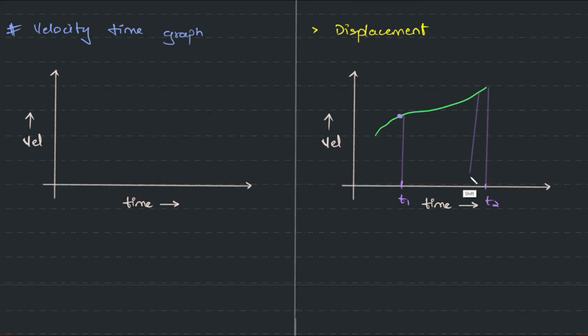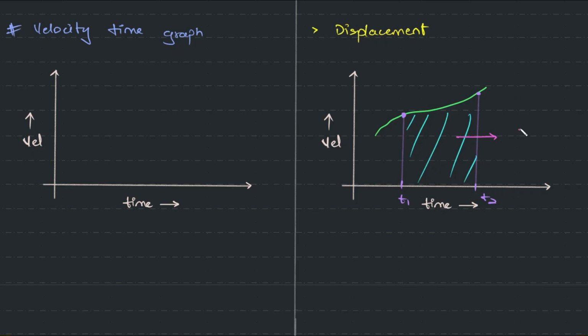Let me make this as T2. Perfect. Now, the area under the graph means this space.